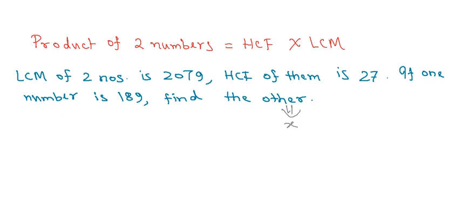So we can just write here 189 into x as the product of two numbers, so one number is 189 and the other number is x, so 189 multiplied by x equals LCM into HCF, that is 2079 into 27. Now we can find out x from here.